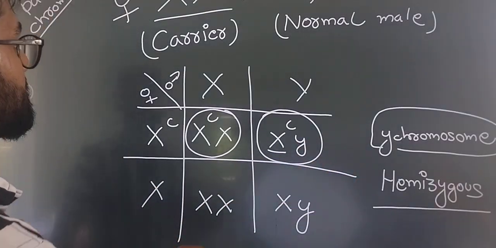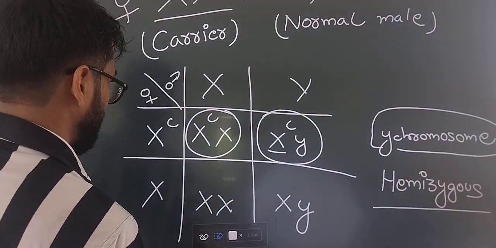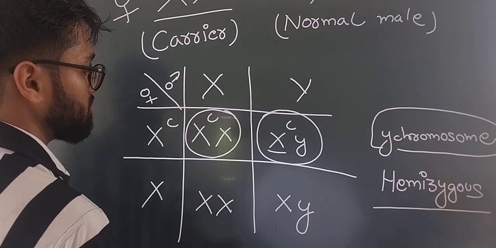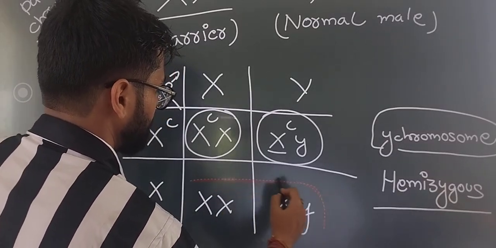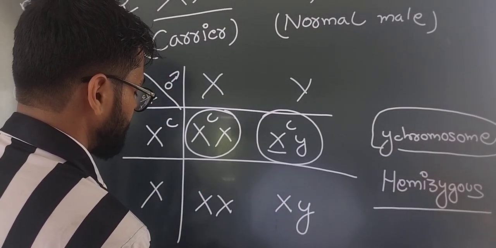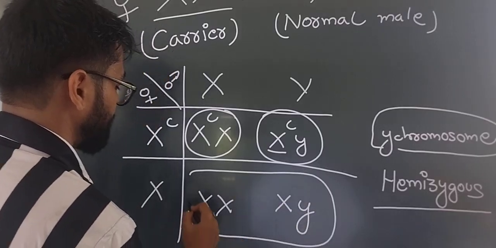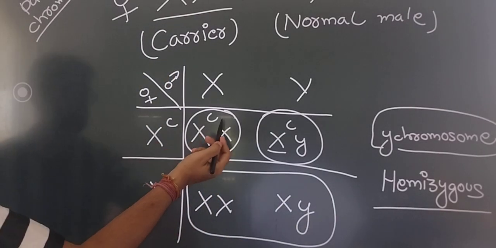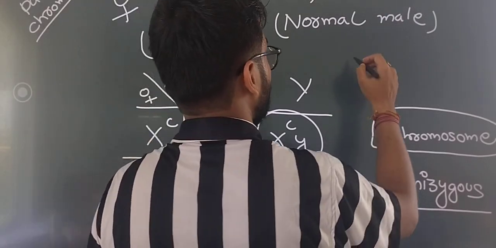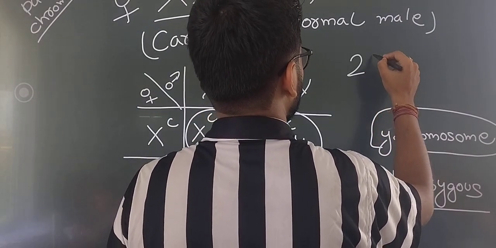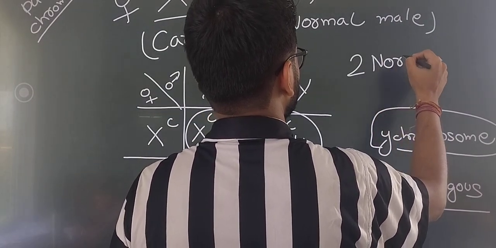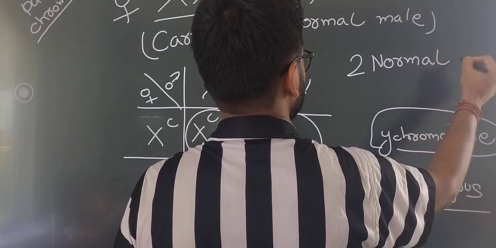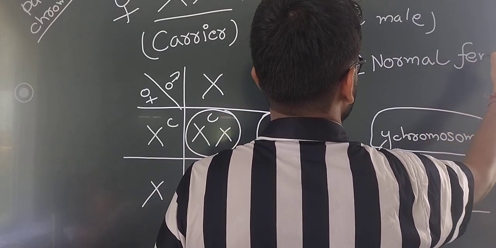This is the chromosomal aberration and the sequence. So you will get normal males and females. Let me write it down for you. You will get two normal females.